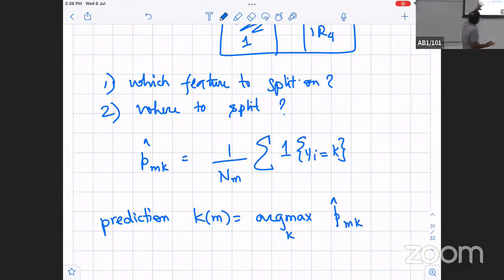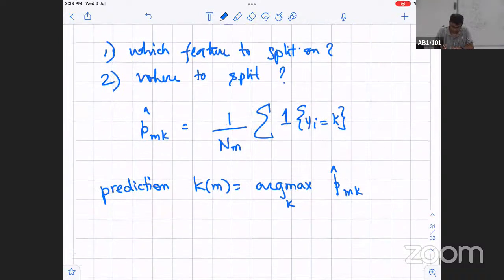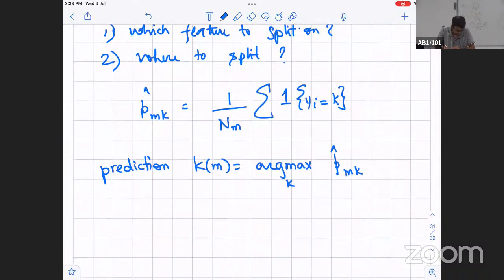You look at a region and see which label has the most points. In general, it's not binary; there could be K different labels. You look at which proportion of labels occurs most, and that will be your label guess. So what will be the error in the region m?